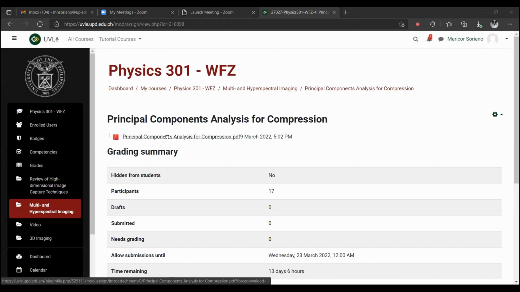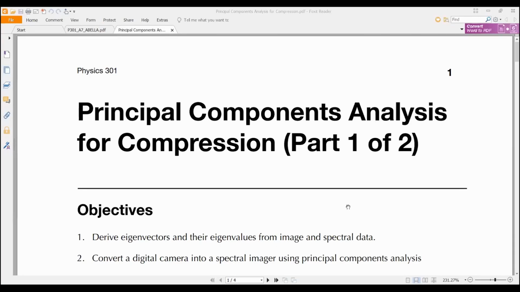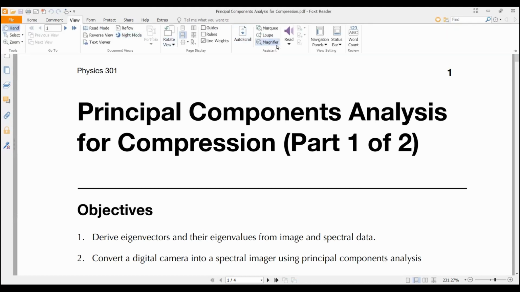Teka, mag-stop share muna ako kasi hindi nag-show up yung nag-pop up. Share screen again. There. Tapos, ano nga ba uli? F11 ba, guys? Ano nga ba uli yung pang-large screen? F11. Control. Ano nga ba? View. Ano nga ba yun, guys? Dito sa Paxit Reader, ano ba yung view nito na mas malaki?